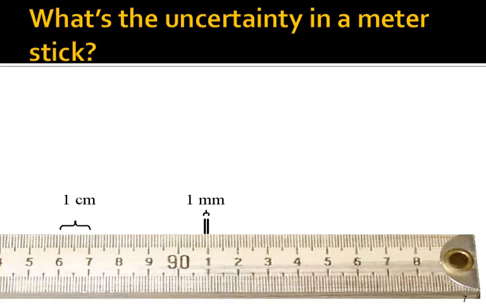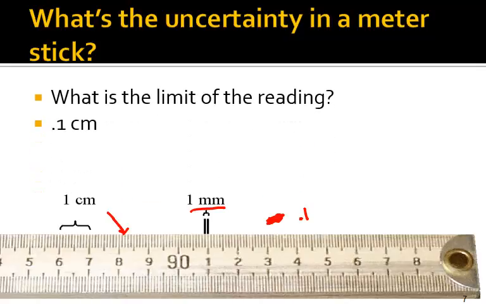So what's the uncertainty in the meter stick? Well, what we do is we look at the markings, right? So the most precise marking we have here is a millimeter, and so that's 0.1 centimeters. And so what we do when we measure is we take half of the tick mark.